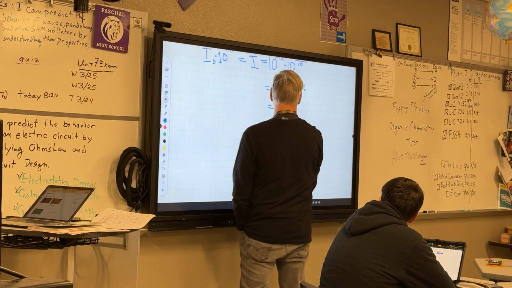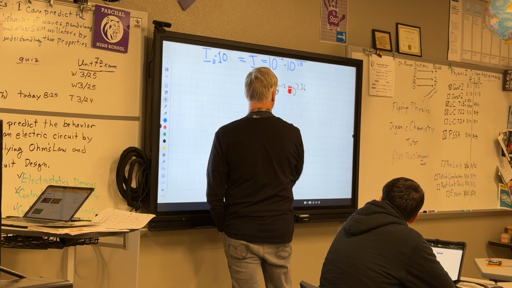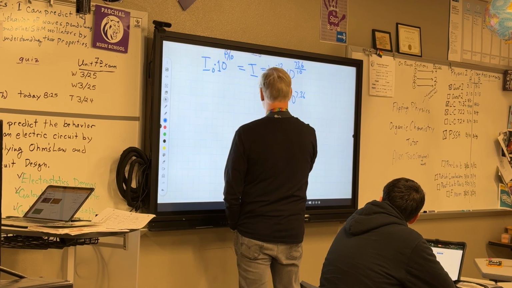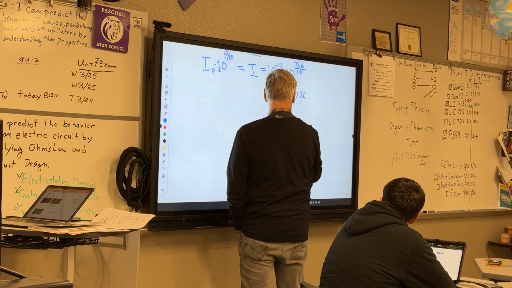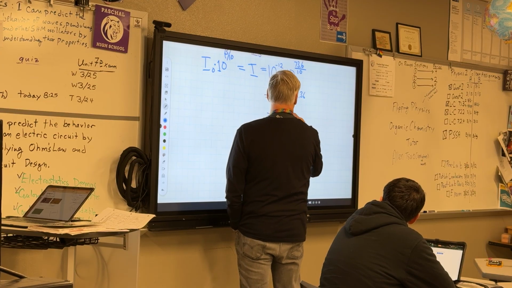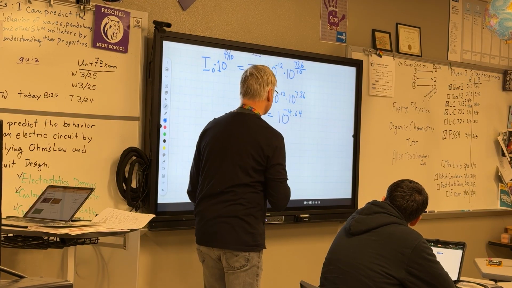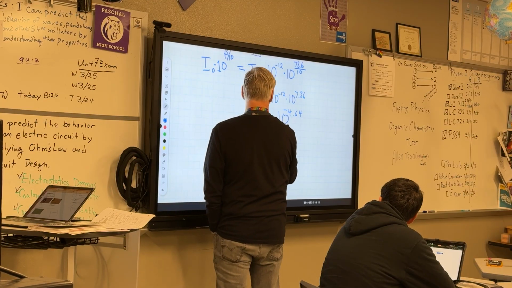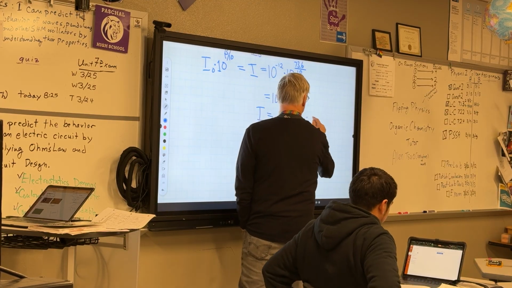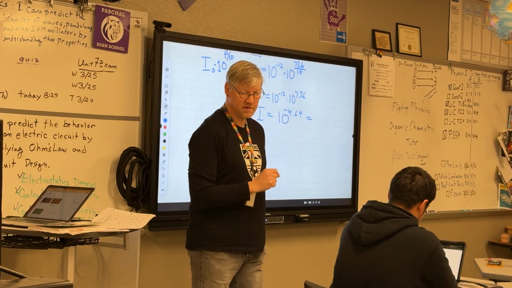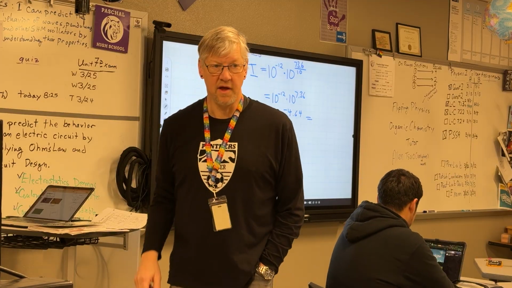So I could add negative 12 to 7.36. That would be 10 raised to the negative 4.64, I think. That's I. You could also write that in scientific notation. And if I had my calculator, I could do that lickety split.